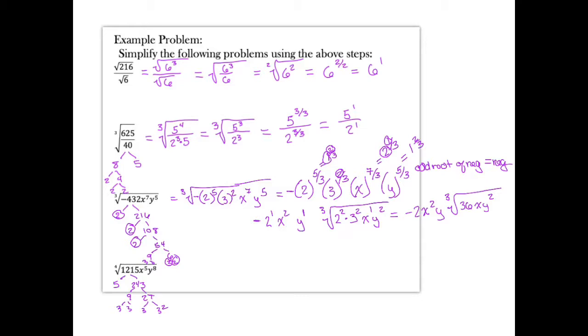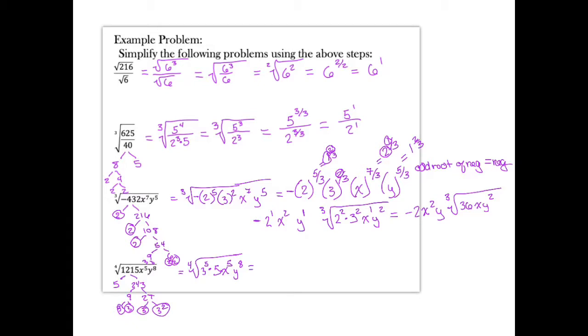Okay, so this means we can rewrite this problem as the fourth root of 3 to the 5th power, times 5 times x to the 5th, and then y to the 8th.